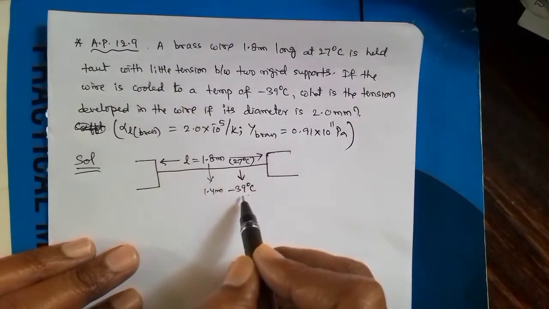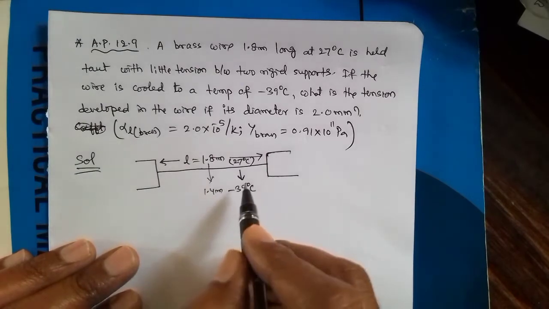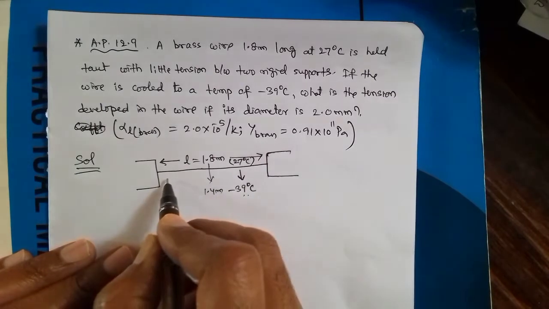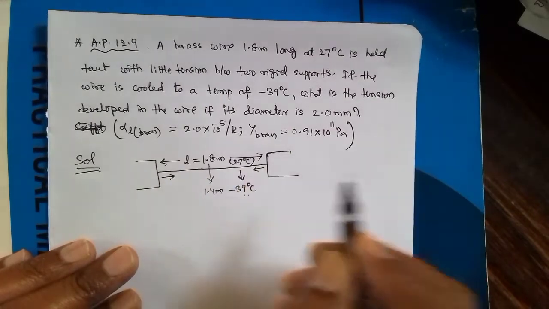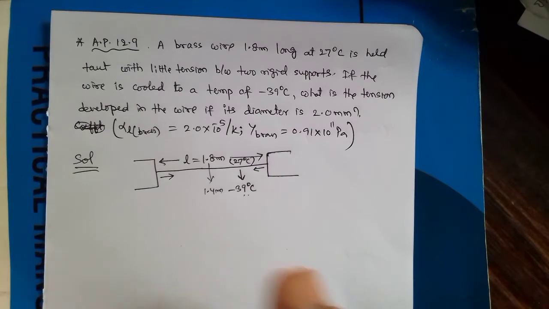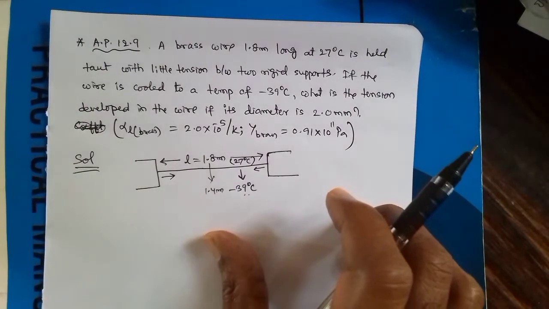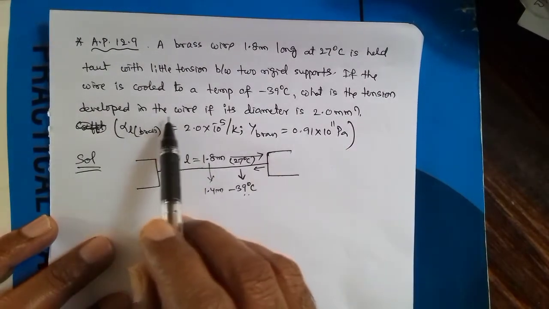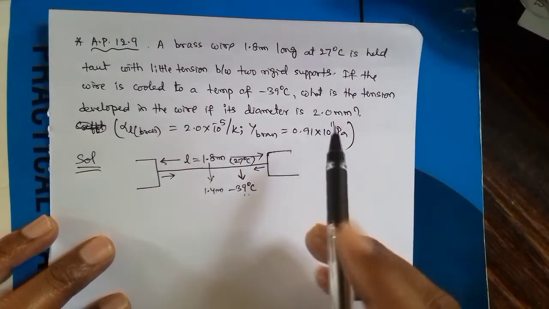So when temperature is decreased, it tries to decrease its length. So at this time force works in this direction, like this. It wants to shrink. So in this direction the force of contraction is applied. What is the tension developed in the wire if its diameter is 2.0 mm?